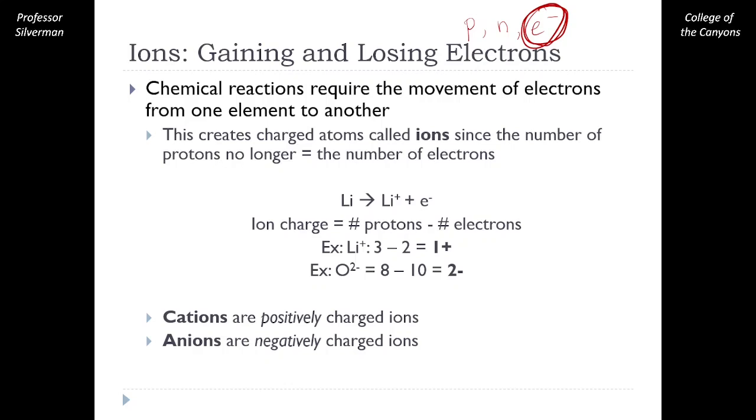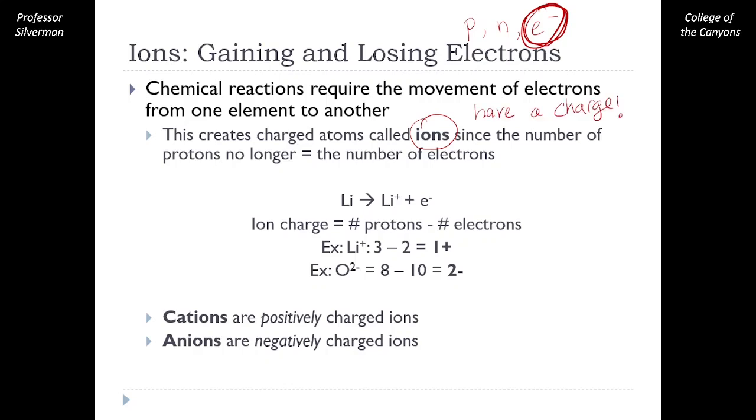The answer is that we form what are called ions. Whenever you add or remove electrons from your atom, you do not change the identity of that element. You do not change the mass of that element in any meaningful way, but you do change the charge of that element. Ions are going to be species that have some charge imbalance.